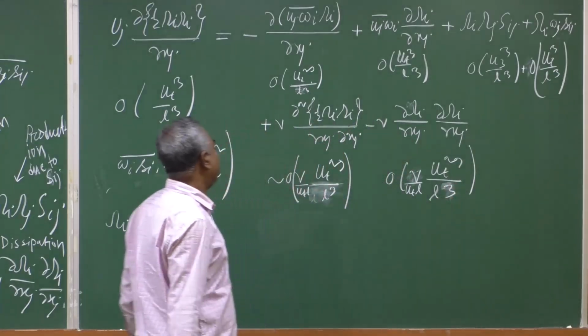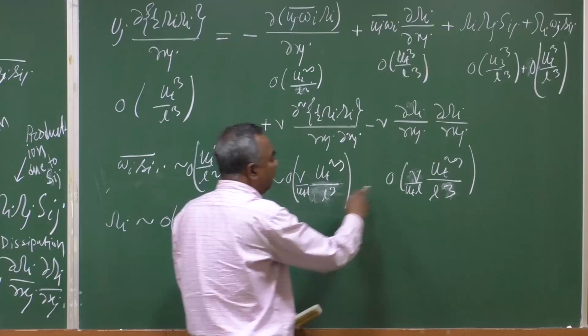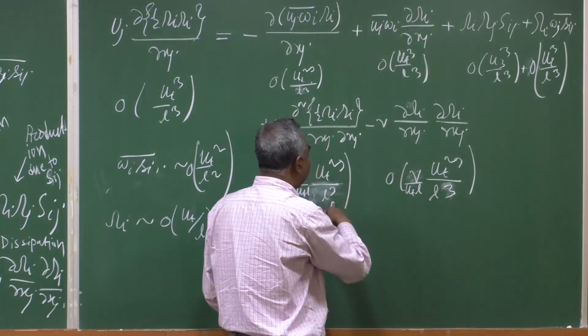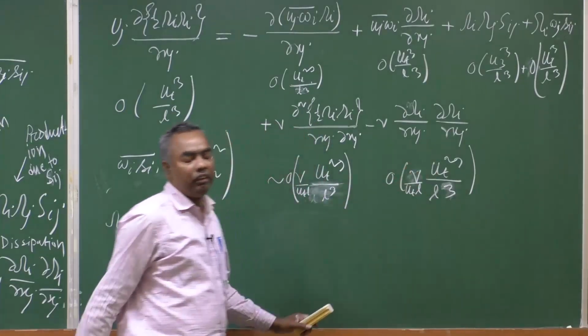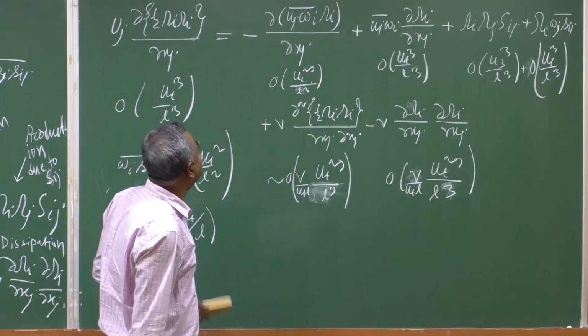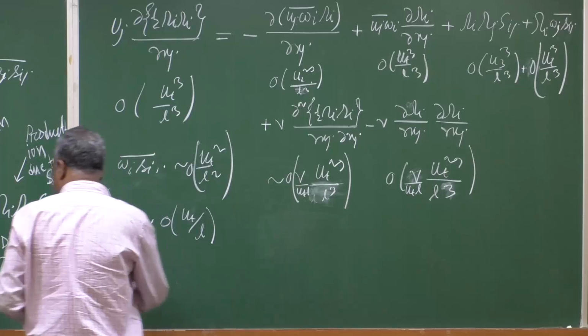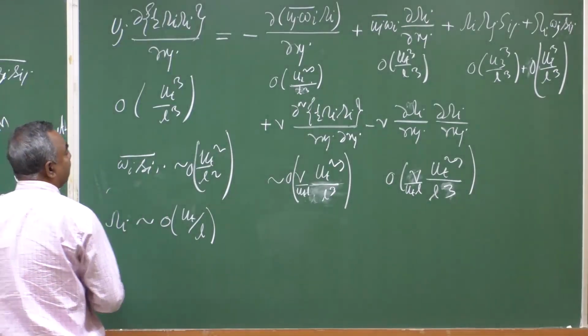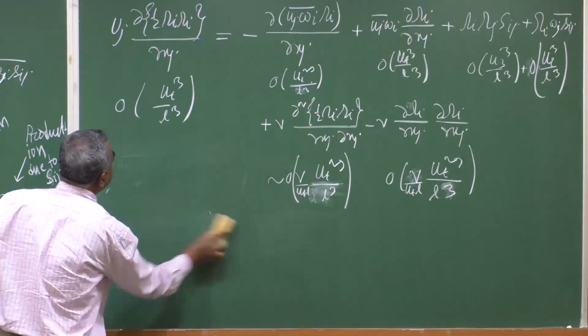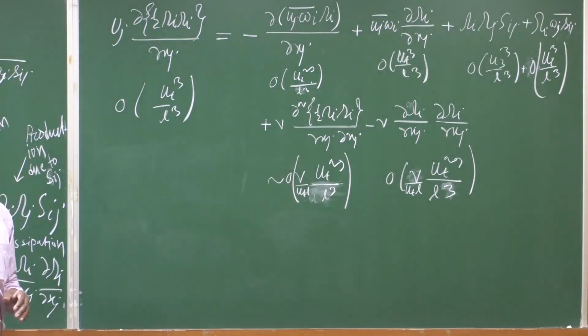Okay. So, essentially you see 1 by REL into ut cube by L cube into ut cube by L cube are there in these two terms. So, that means if we would like to simplify this particular equation, then only the viscous terms can be neglected from this equation, that is what it says.